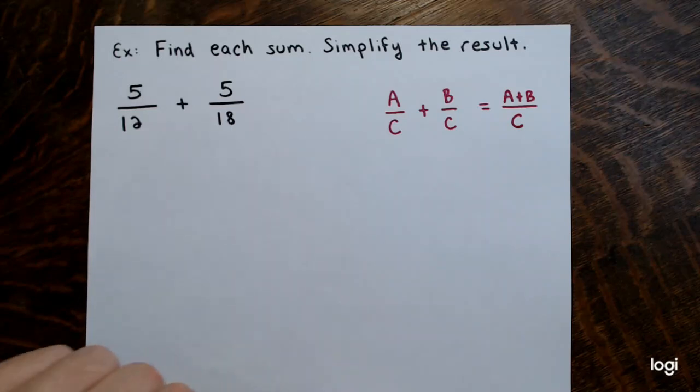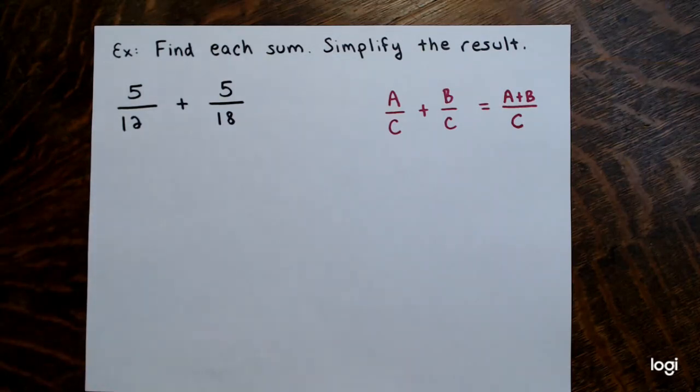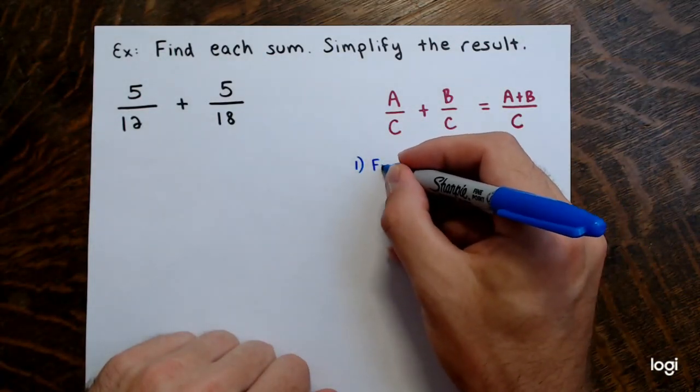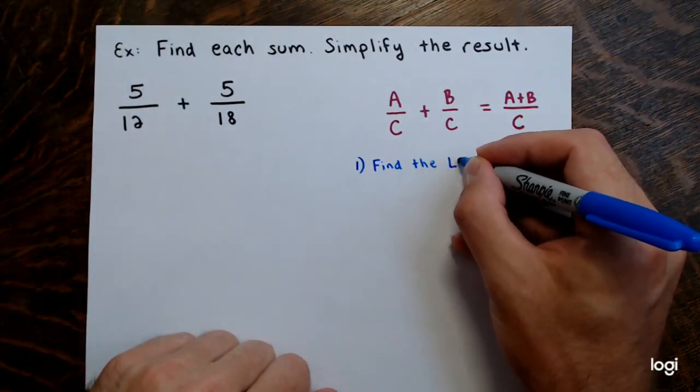Alright, so the first step in this, in this example with just numbers, and in all the other examples I have where there are variables in the denominators, the steps, the procedure will not change. So the first step in this is to find what they call the LCD.